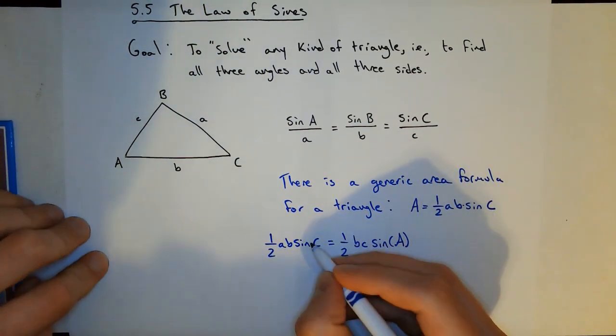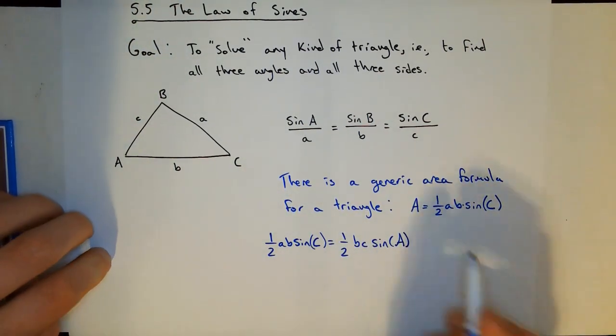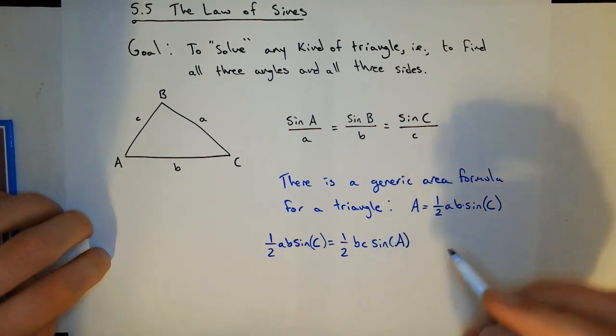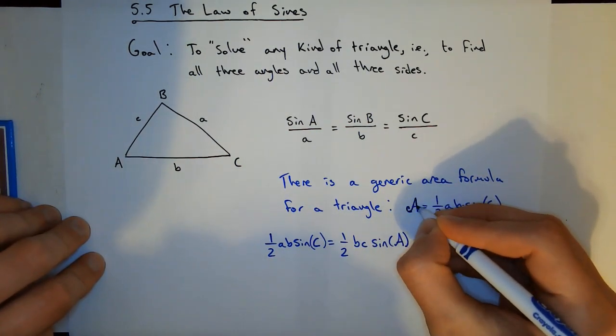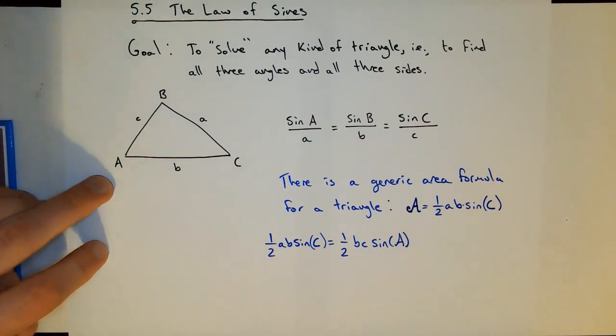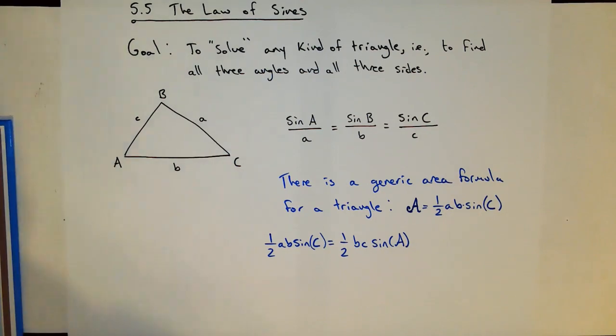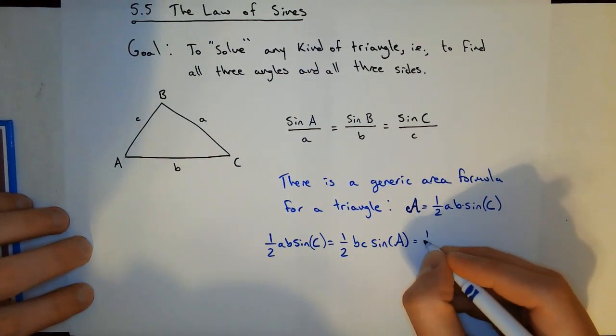This A, let me hang on one moment. This A is area. Let me make it a script A, make it look fancy, so I know that's area, and this is the angle A. Not the same, okay. And what is the other orientation I could use for finding the area?